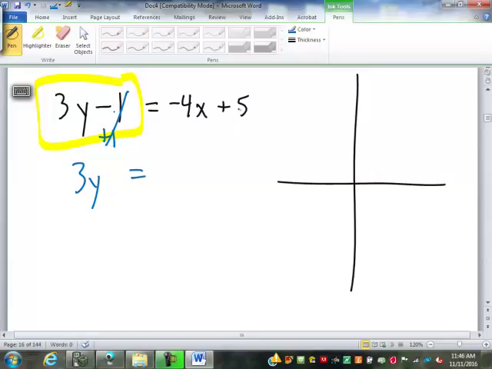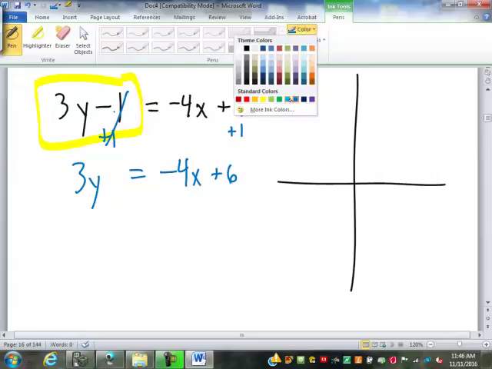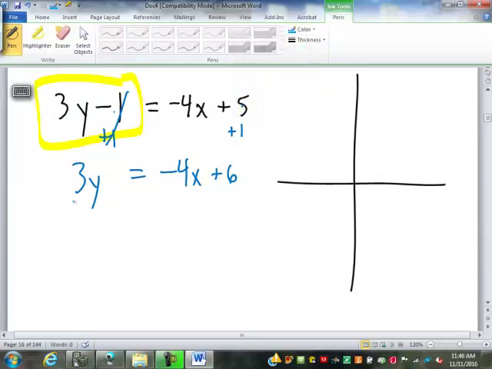Now remember, when I add or subtract, I only add or subtract to one piece on each side. So the 1 is going to get added to the 5. So I have my negative 4x. 5 plus 1 is 6. Now, I have the 3 to get rid of. I'm going to divide by 3 because it was multiplying the y.